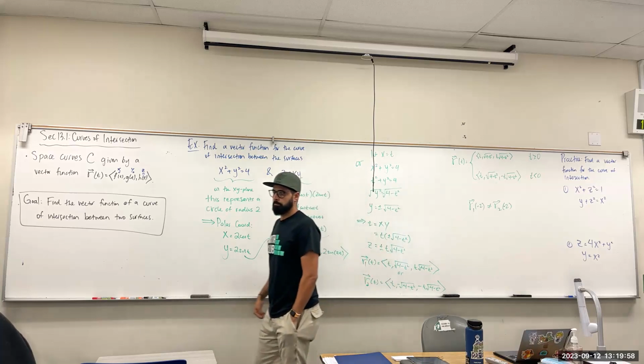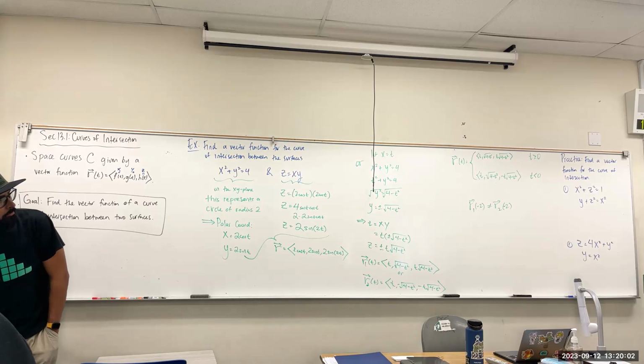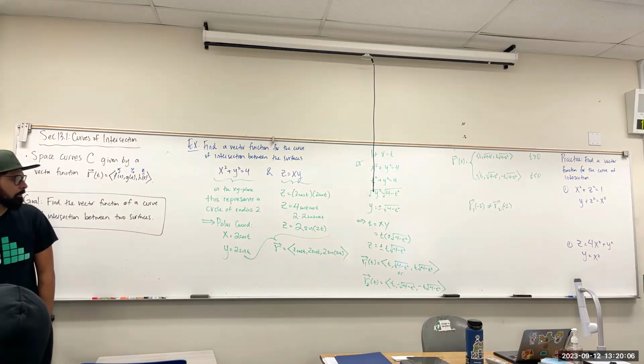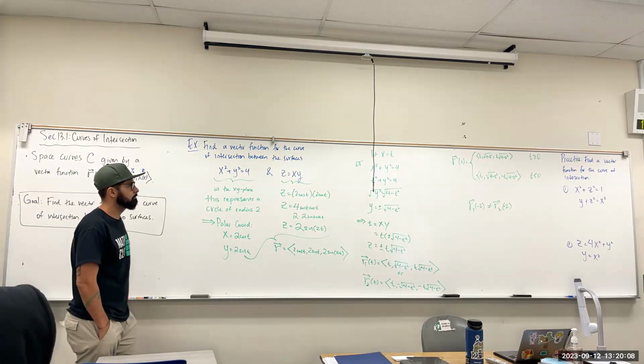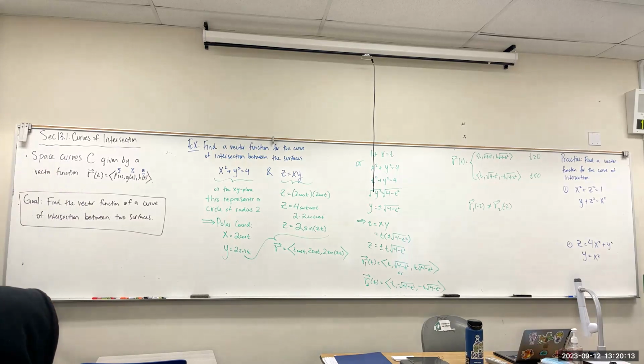Cosine squared t minus cosine squared t. In that case, what if you sine of 0 cosine squared t minus cosine squared t? Oh, it's cosine, yeah, because there's not a square.